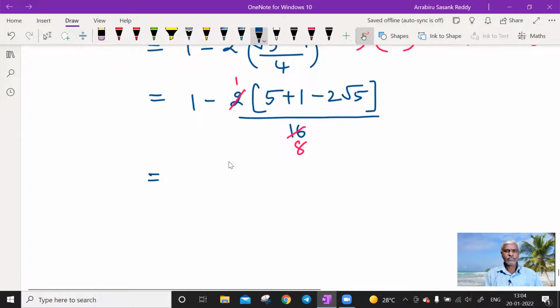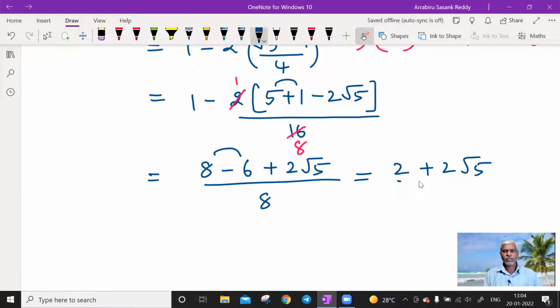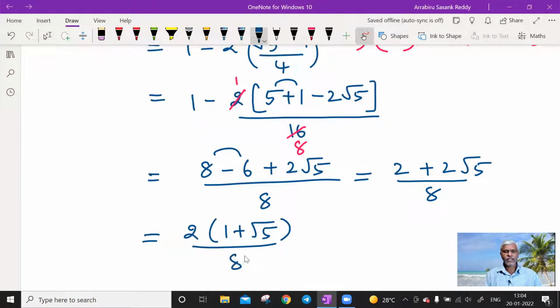This is equal to, taking LCM 8, 8 into 1, 8 minus (5 plus 1 is 6), minus into minus plus 2 root 5. So 8 minus 6 is 2, plus 2 root 5 by 8. So taking 2 common, (1 plus root 5) by 8.